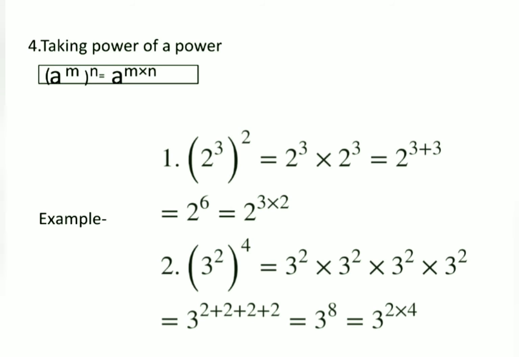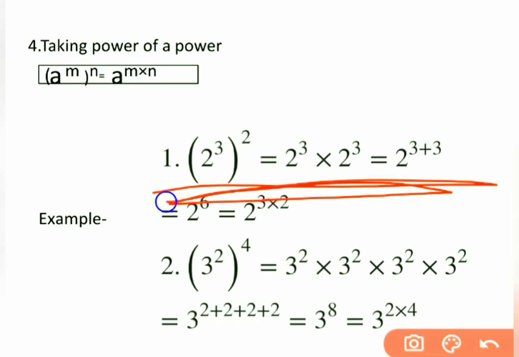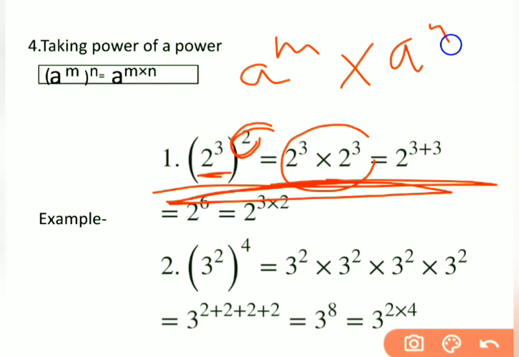We will verify this law with an example. So we will take the example written on the screen: 2 raised to the power 3, raised to the whole power 2. As 2 raised to the power 3 has a power of 2, 2 raised to the power 3 is to be multiplied by itself 2 times, and so by the first law of exponents, a raised to the power m into a raised to the power n is equal to a raised to the power m plus n.